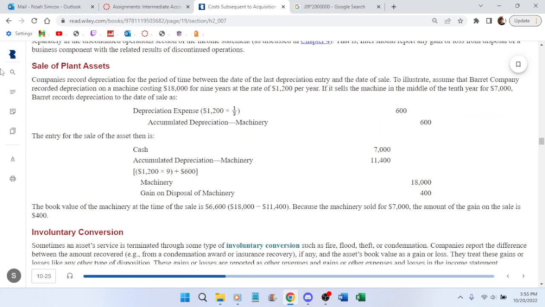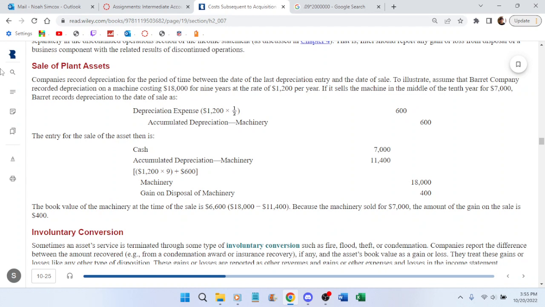Dude, I'm on the last page. They sold the machine for $7,000. Cumulative depreciation is 1,200 times 9 plus 600.